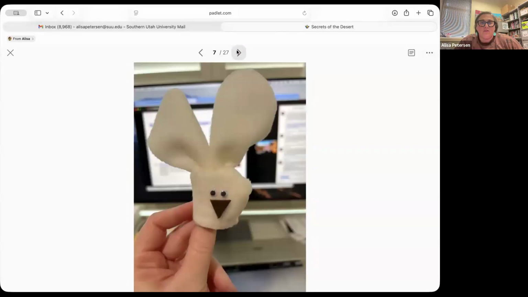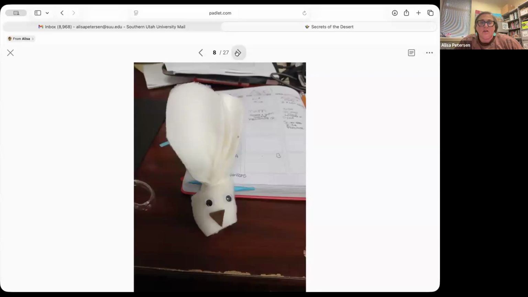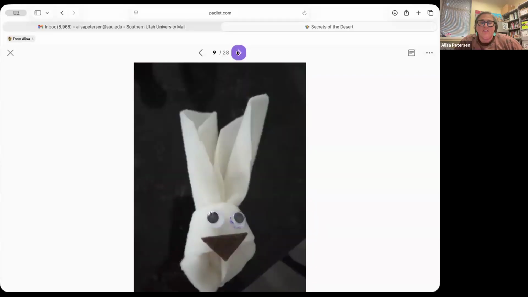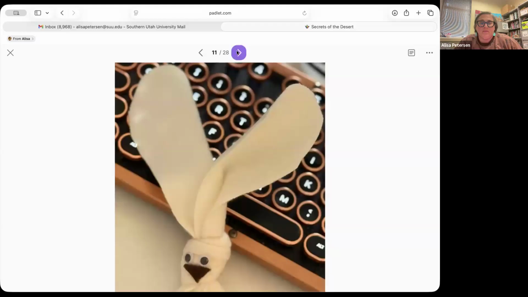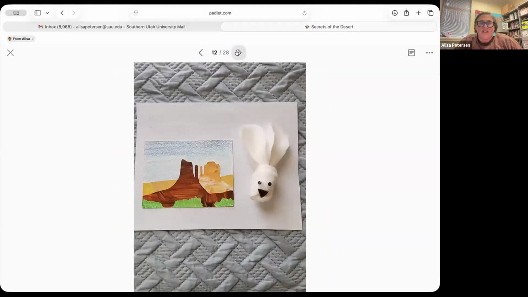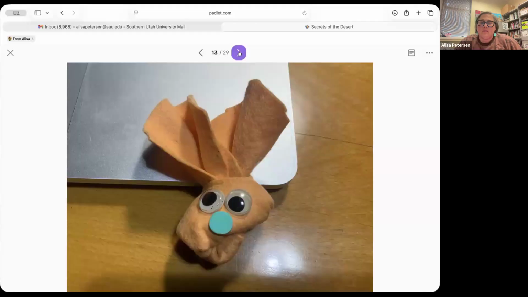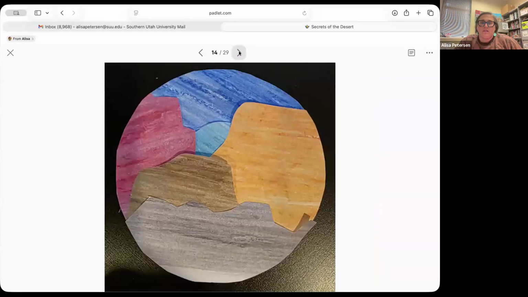Let's see. We have 27 works of art. Awesome. They're darling. Okay, beautiful. I love that sandy texture in the bottom. And this right here where we can see these beautiful outlines of the landscape, that's one of the reasons why I really love this project, because students have to think about how can I really carefully mimic what I'm seeing in the images.